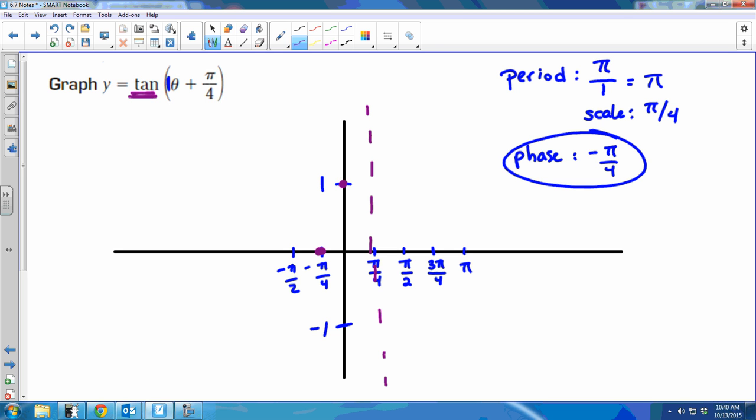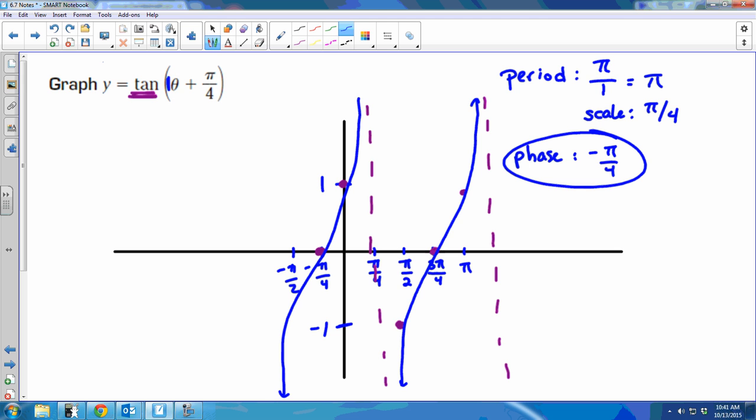And then we would do the whole entire pattern. So then we start at negative 1, the center, 1, and then at 5 pi over 4, there'd be another asymptote. Does that pattern make sense?